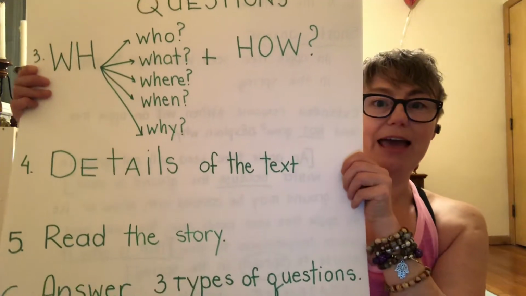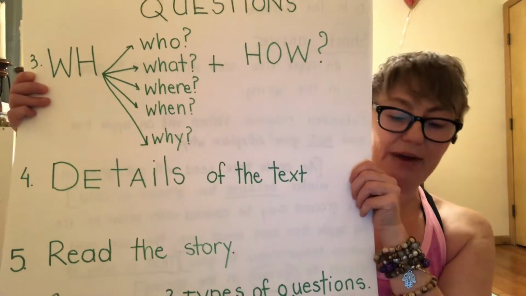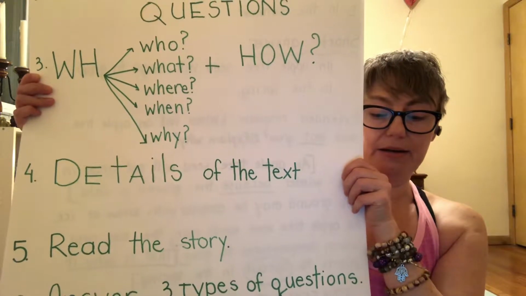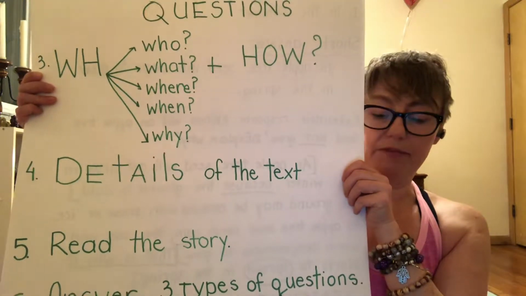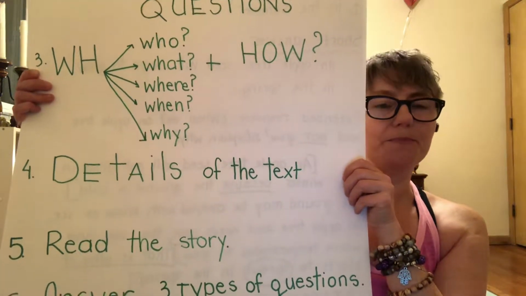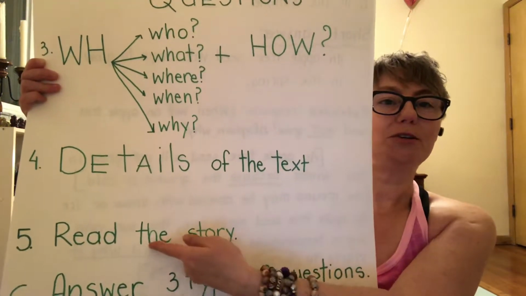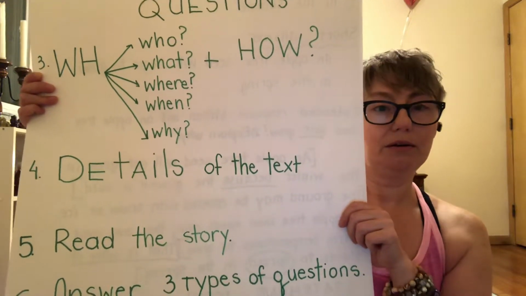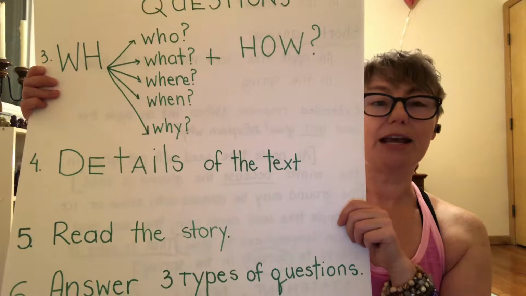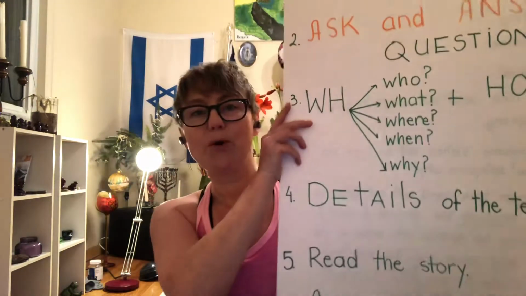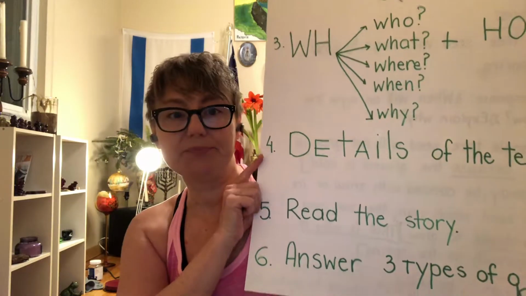Let's have a look at my prompt number 5. What is our lesson plan? What will we do first? First, we will read the story. We will read an informational text. What are we going to do after that?